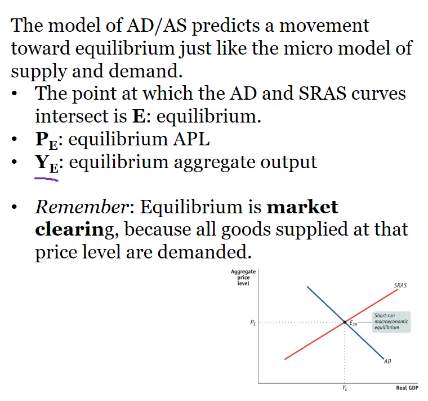Also, we want to remember that the word equilibrium implies market clearing. What that means is that all goods demanded at that price level will be supplied at that price level, that the quantity of short-run aggregate supply and the quantity of aggregate demand will equal each other at the equilibrium price.